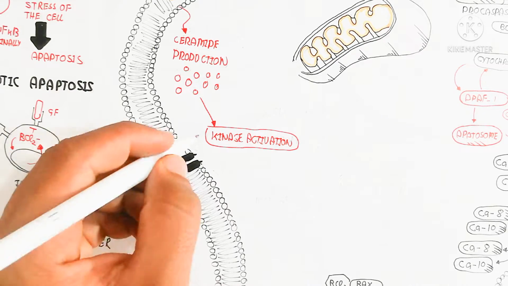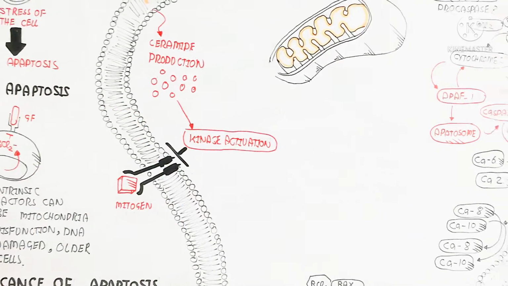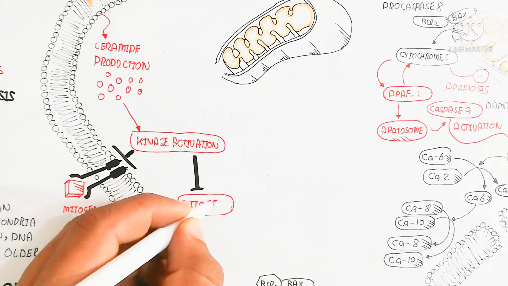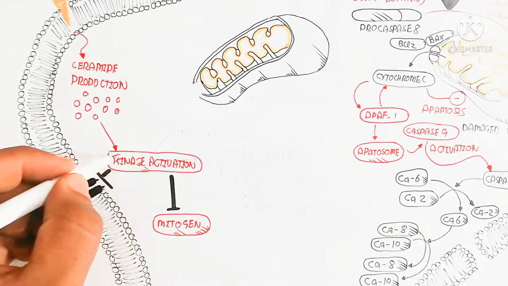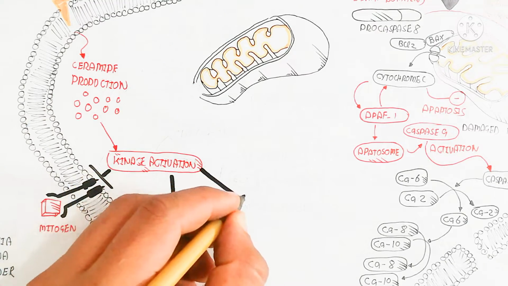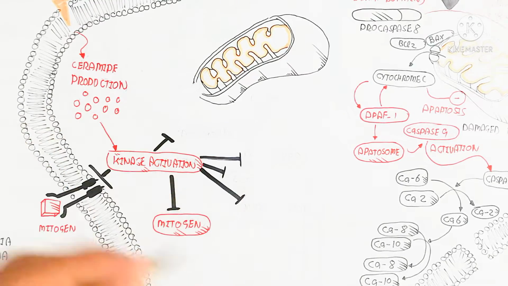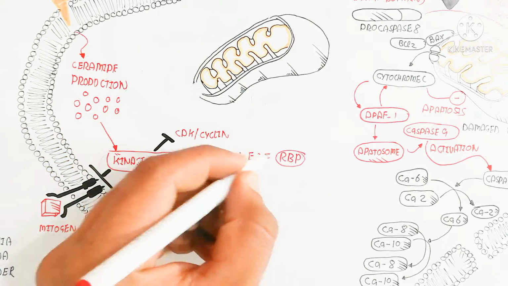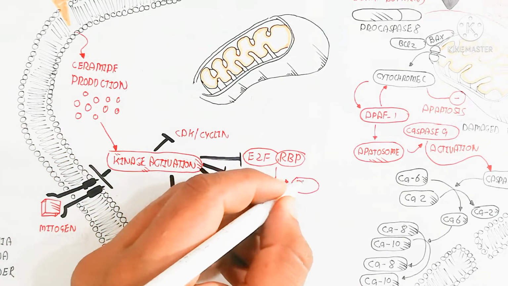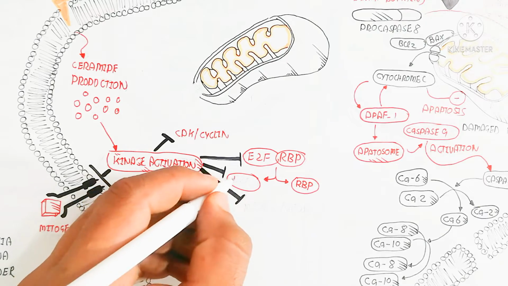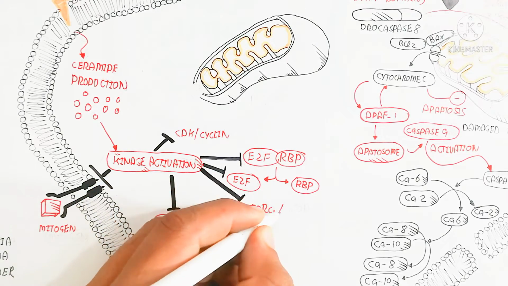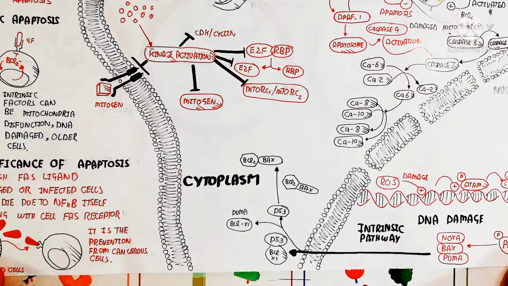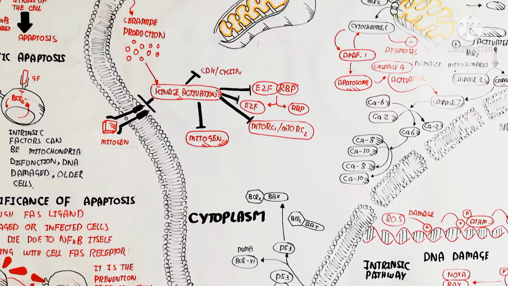Here is the mitogen, which is responsible for proliferation, the cell cycle, mitosis and meiosis. But activation of the kinase protein due to ceramide production will inhibit, while the cyclin-dependent kinase and cyclin will be inhibited. So mitosis will be inhibited, and the E2F protein and retinoblastoma protein will not dissociate.